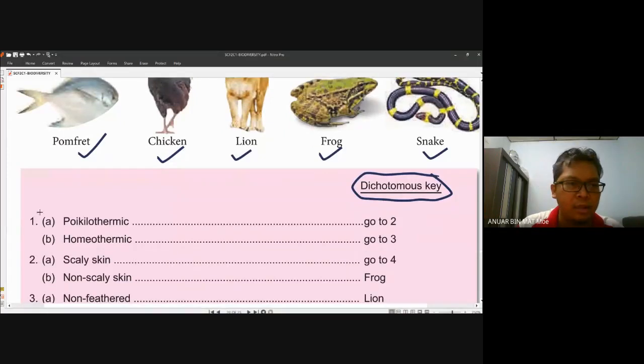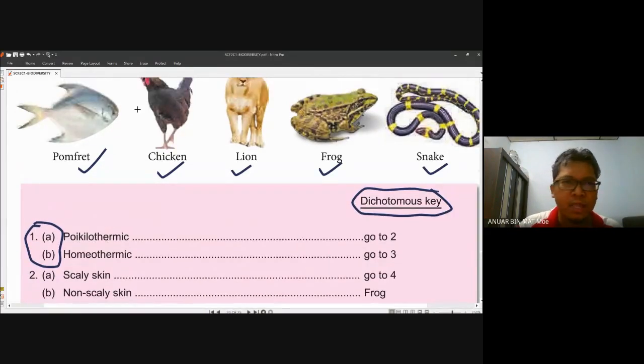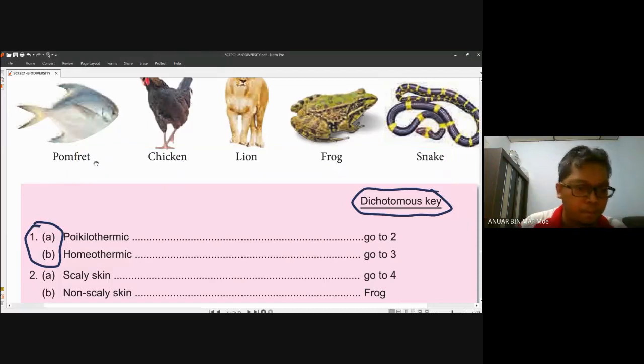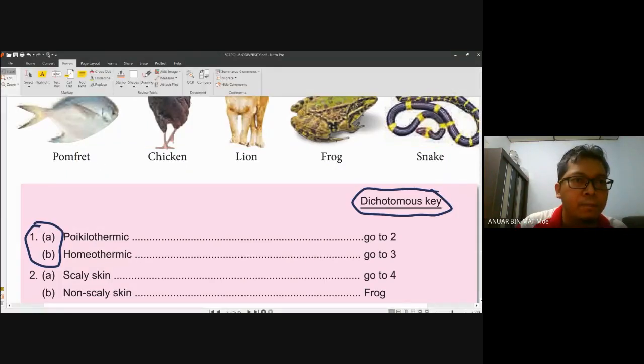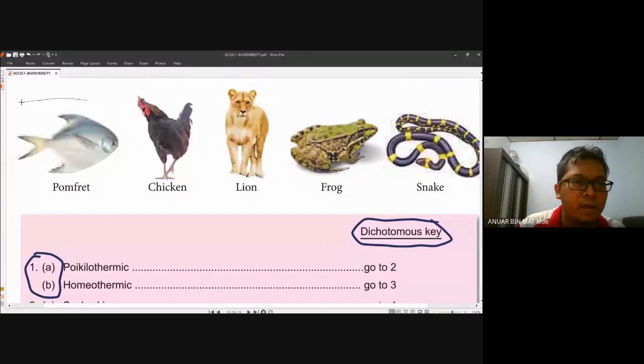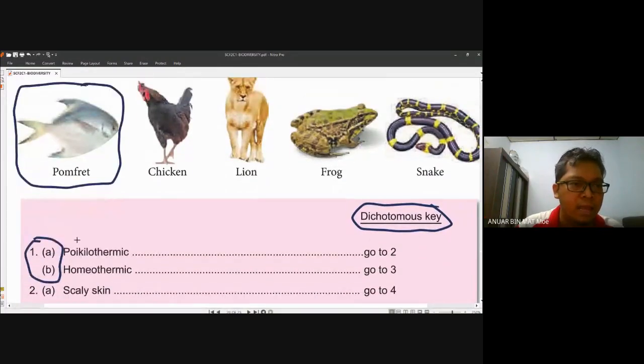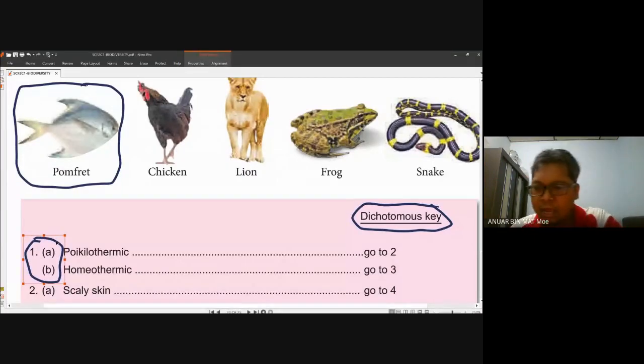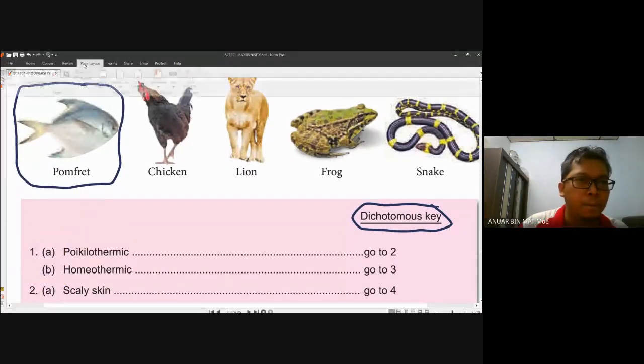The key number one asks you whether it is poikilothermics or homeothermics. We look at species number one, for example, the first animal here, and then we look at their dichotomous key, one by one.